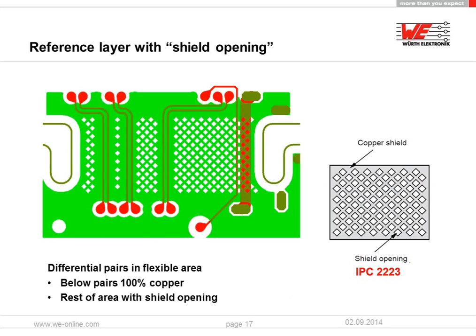Now let's have a look at the calculation and the tools we are using. We see here a 14-layer flex-rigid construction with 4 layers in the flexible area, using a lot of different materials with all the values.